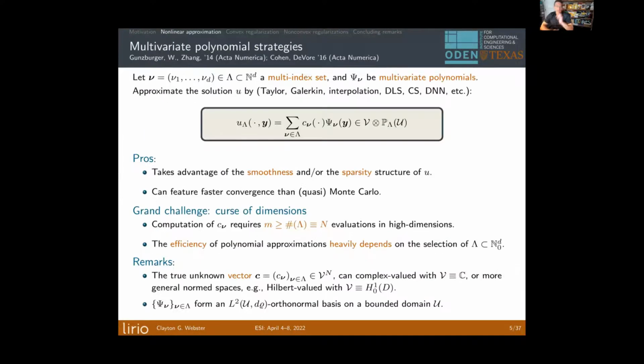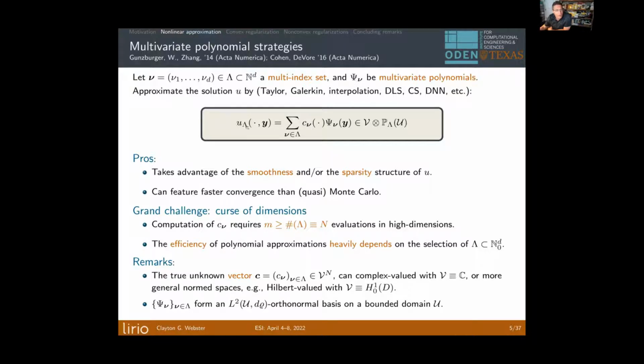So here's the basic idea. We've heard about variations of this throughout the talks. I'll always use multi-index notation for my polynomials in multiple dimensions. The coefficients could be complex valued, or they could even be function valued themselves.